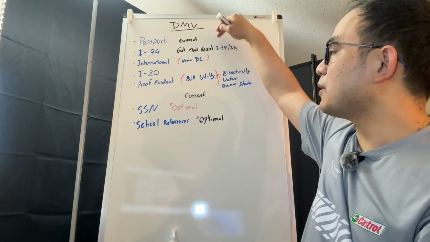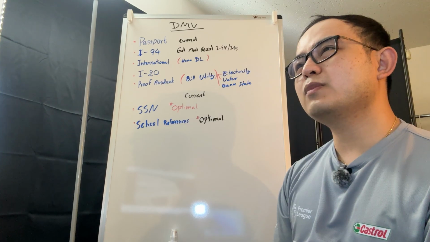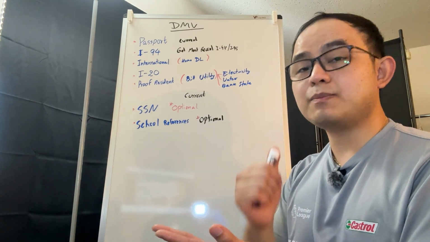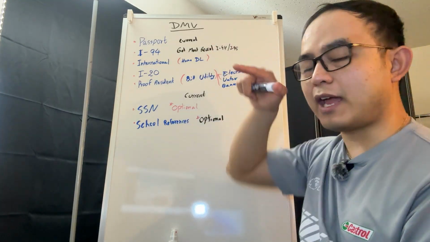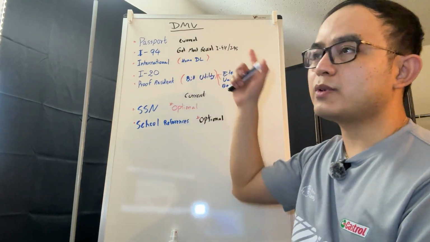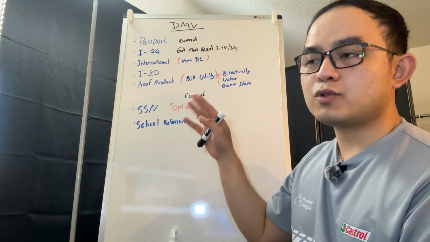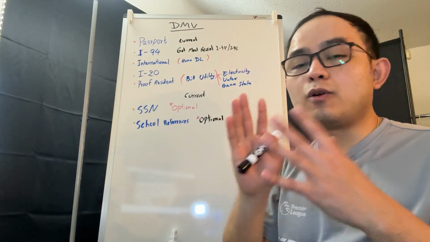Get the latest one, a new one. It should be no more than 30 days old. For example, if right now it's May or June, it's going to have the expiration date at the end of that month. If today is June 1st, the end will be June 30th. Get the recent one, don't get the old one.